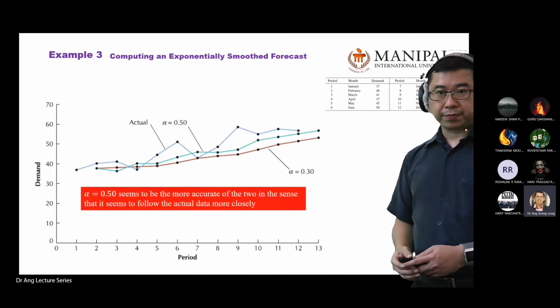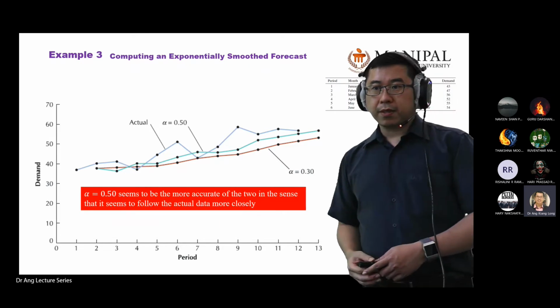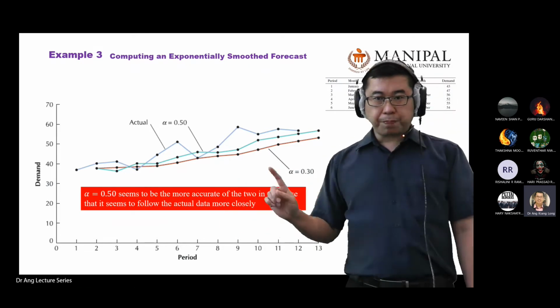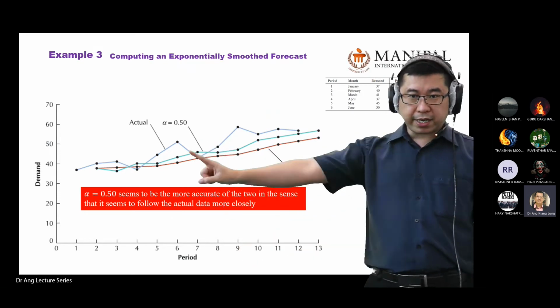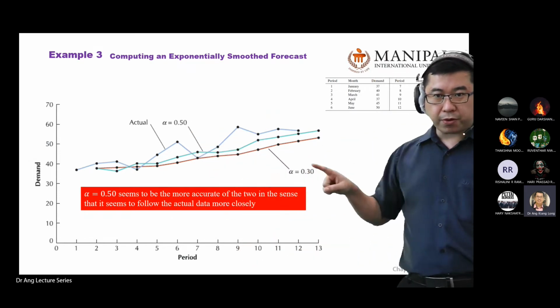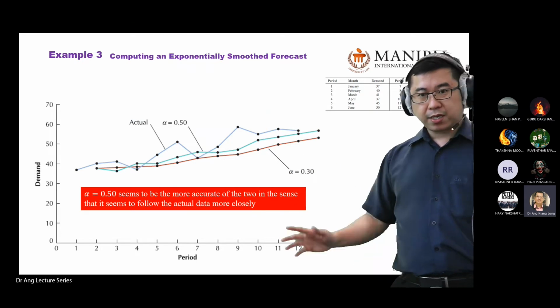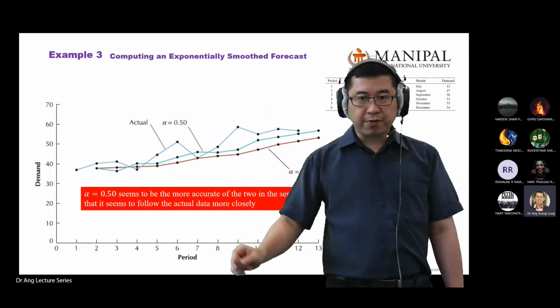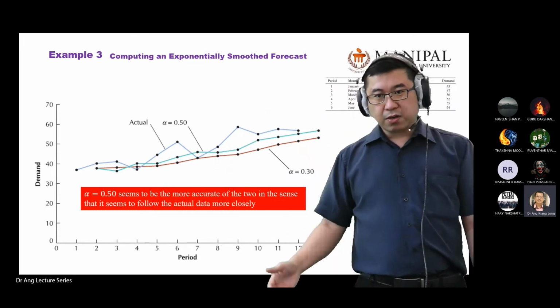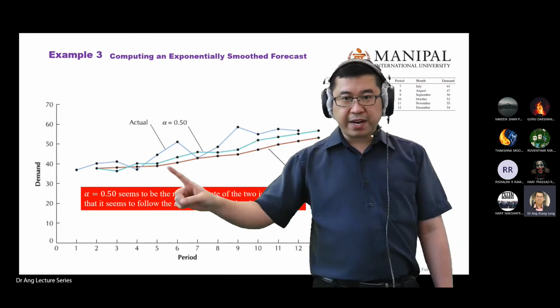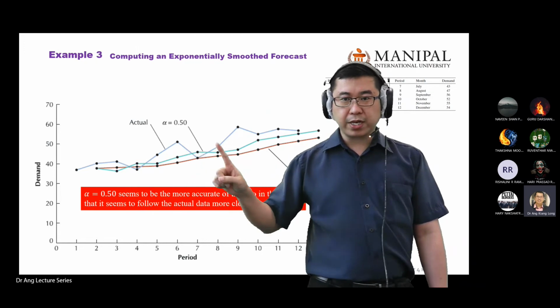Okay. And if you want to pick between alpha 0.5 and 0.3, it's recommended you pick 0.5 for forecasting. Why? Because 0.5 is nearer to the real data.